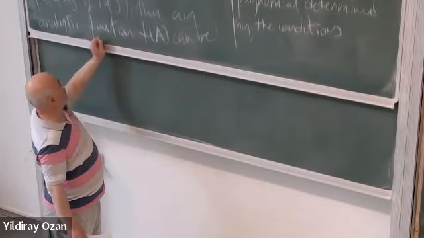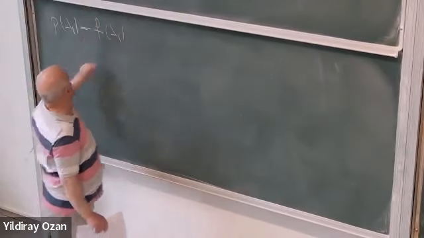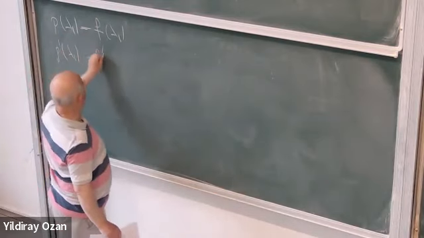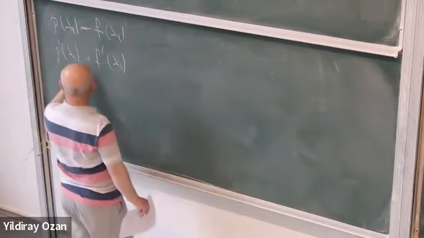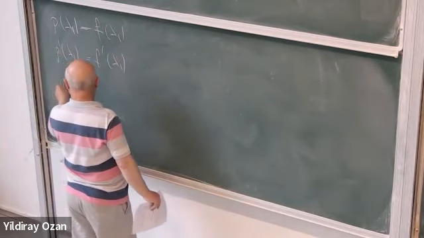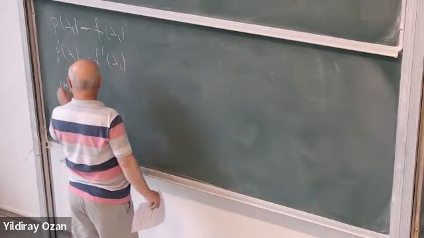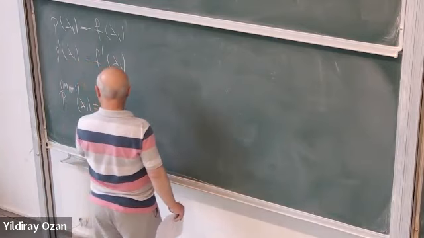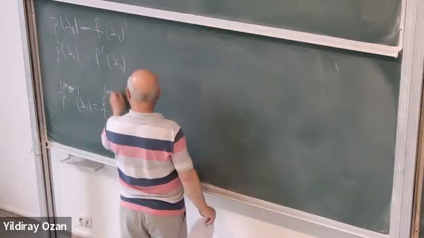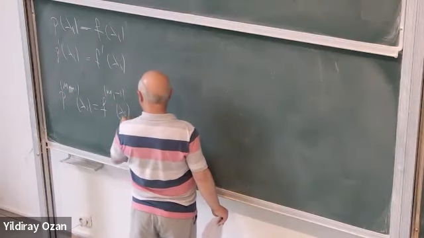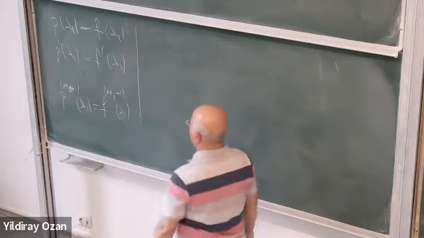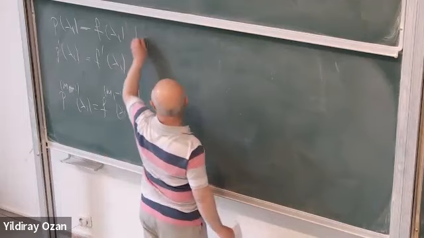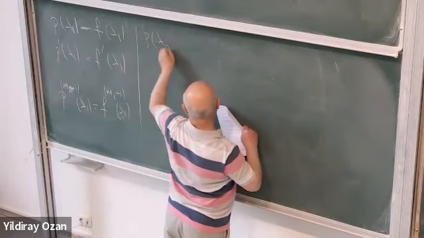Actually, one less derivative. So P prime of lambda 1 equals f prime of lambda 1, up to P to the m1 minus 1 derivative of lambda 1 equals f to the m1 minus 1 derivative of lambda 1. These are conditions at the point lambda 1, and then we have conditions at the point lambda 2.